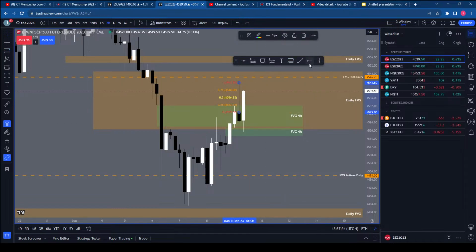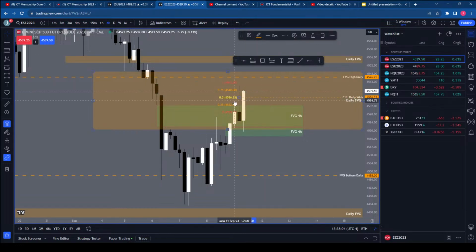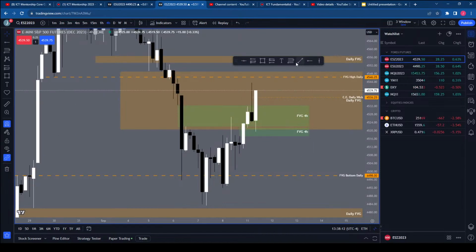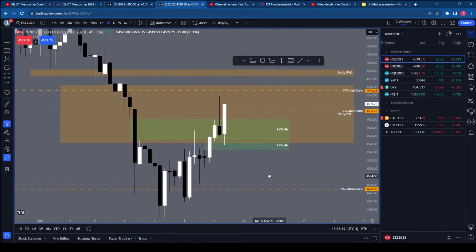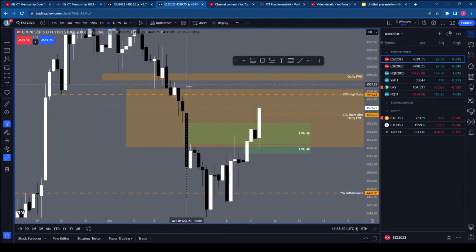So I'll be watching the high and consequent encroachment, 45, which coincides almost with consequent encroachment of this fair value gap, which I also want to have. Actually, I'll leave that off for now. Four hour. Okay.